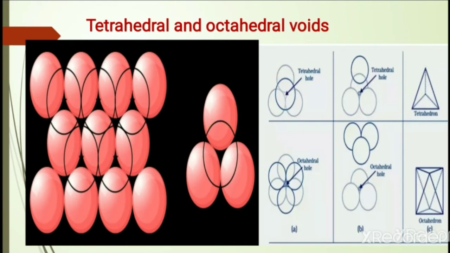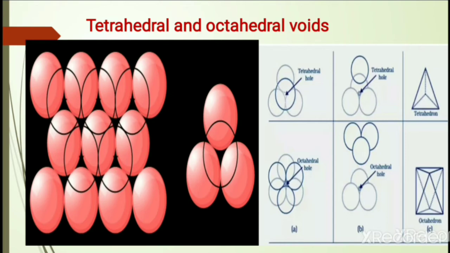It is surrounded by four atoms at four corners. So what is this hole called? Here one void is there in the middle. That is called the tetrahedral hole, otherwise called the tetrahedral void. The empty space present here is called the tetrahedral void.